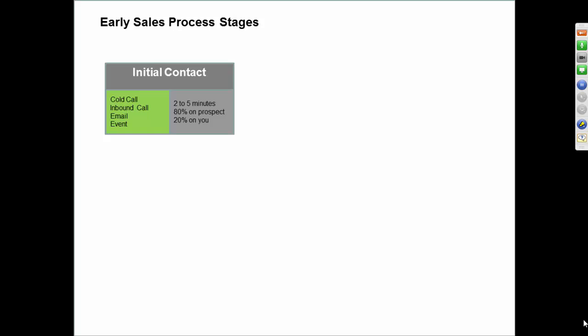For example, on a cold call, they may keep the prospect on the phone talking until the prospect stops them, and then they try to work towards a callback or an appointment. So in our process, the first step is an initial contact, and that could be a cold call.